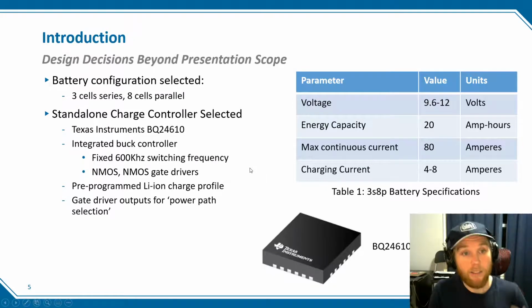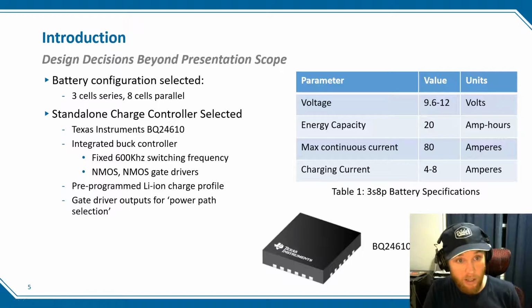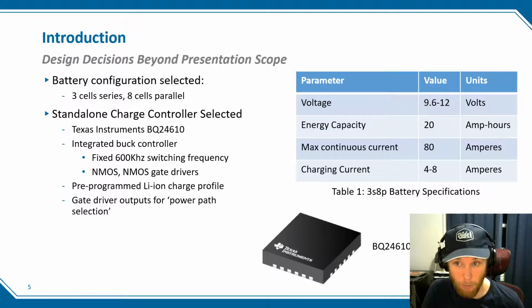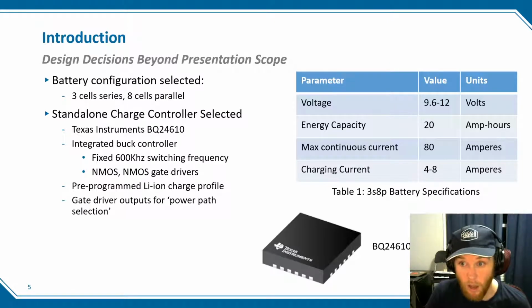And then finally, the cell configuration that was selected for the whole underwater autonomous electric vehicle was 3 cells in series and 8 cells in parallel. What we can take from that is that at 0% SOC, the battery has a voltage of 9.6 volts. At 100% state of charge, the battery has a 12.6 volt voltage.